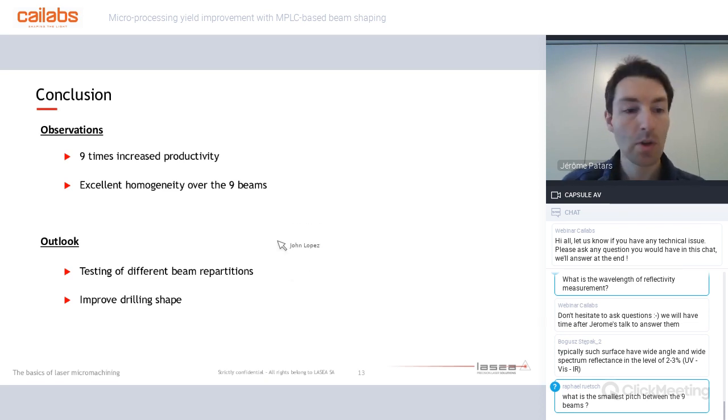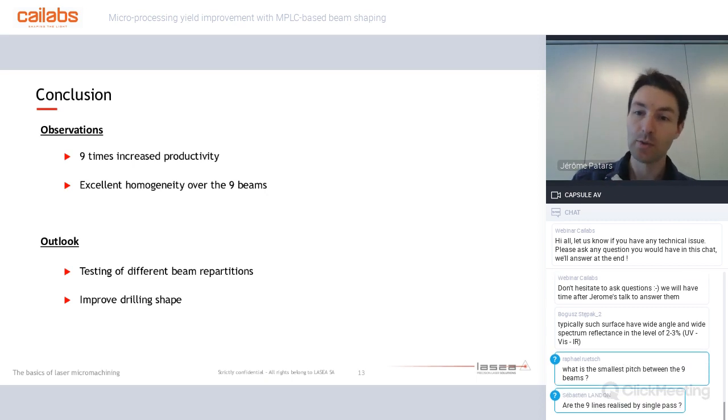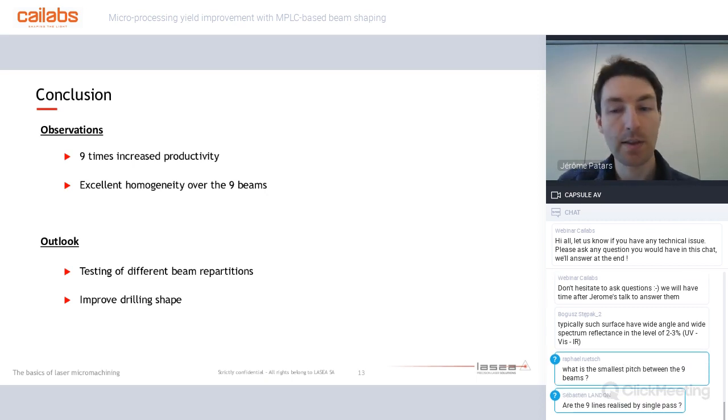And as an outlook, we seek to test different beam configurations and continue to test this kind of technique and integrate it in our machines, as well as improve the drilling results and the shape to be even better than what we have now.